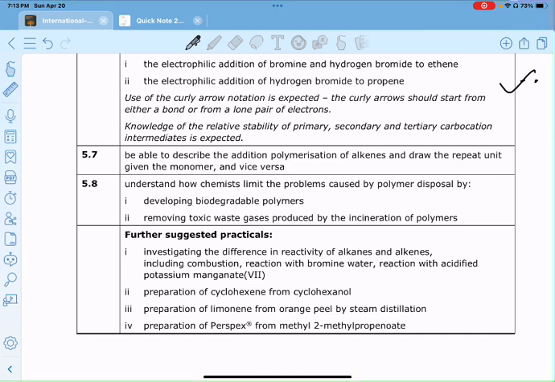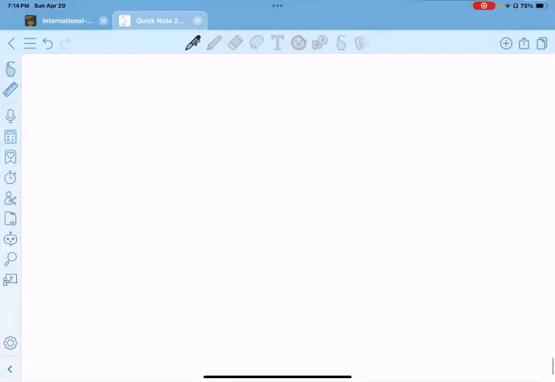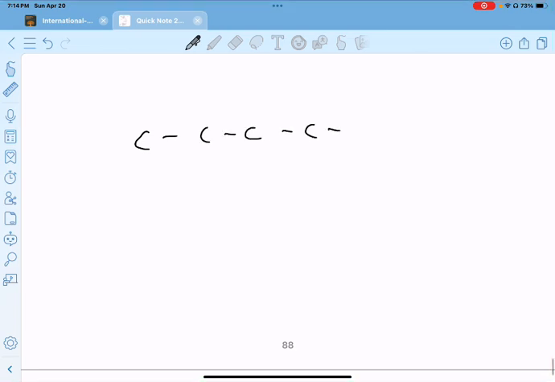Next part. Be able to describe the addition polymerization of alkenes and draw repeating units. So let's take a big alkene for this one, okay? And again, I'm just going to draw these like this, okay? Now, 1, 2, 3, 4, 5.